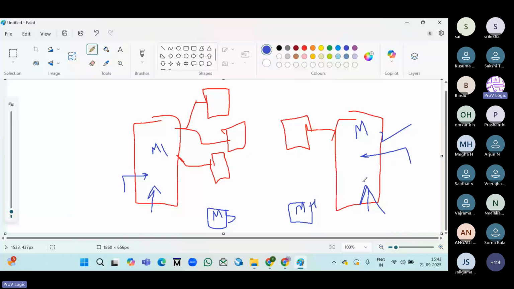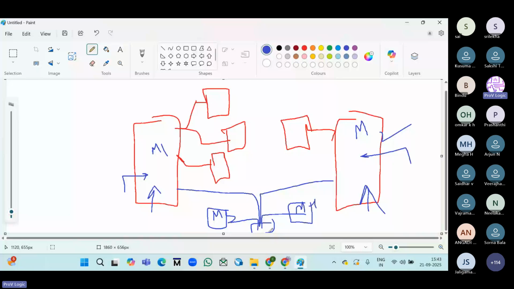Now we will connect all these microcontrollers to an I2C protocol bus. There will be I2C protocol hardware here. So this I2C protocol is a bus. Bus means it transfers the data.